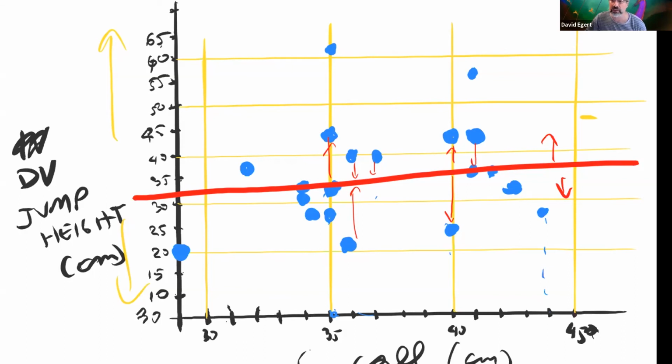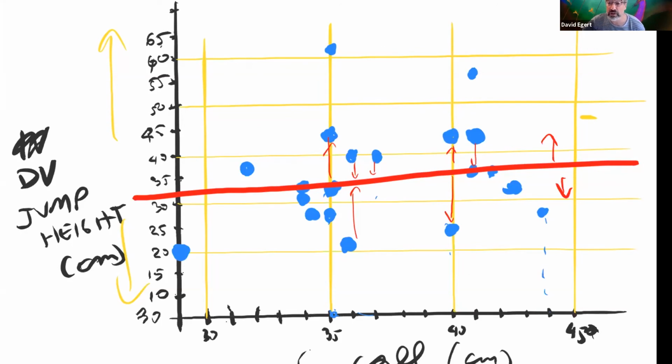When we get into Excel it will just calculate it for you. Does there seem to be much of a relationship here between calf circumference and jump height? No. So if this was your hypothesis, we would say our data doesn't really seem to support the hypothesis, at least with this initial analysis.